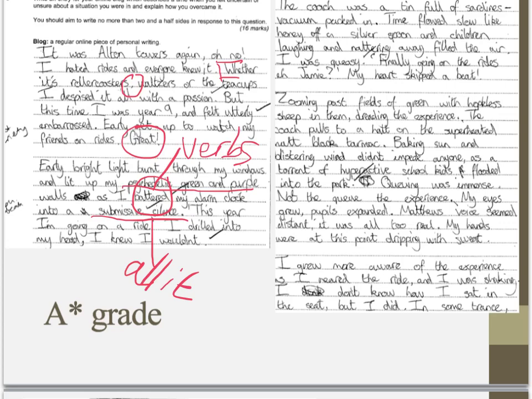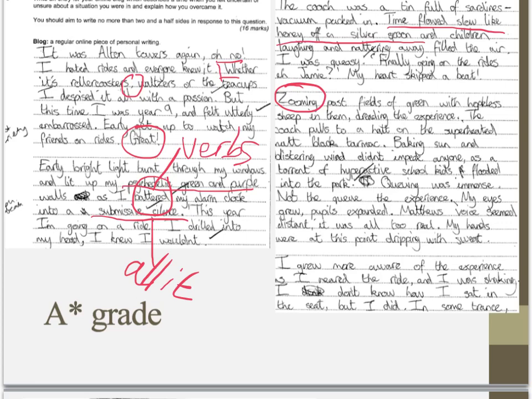What I love up here: time flowed slow like honey off a silver spoon. What an incredibly unusual simile that is. It's really evocative, isn't it? We can imagine honey, thick, gloopy substance off a silver spoon, and it's just original and unusual, and it really helps it to stand out.